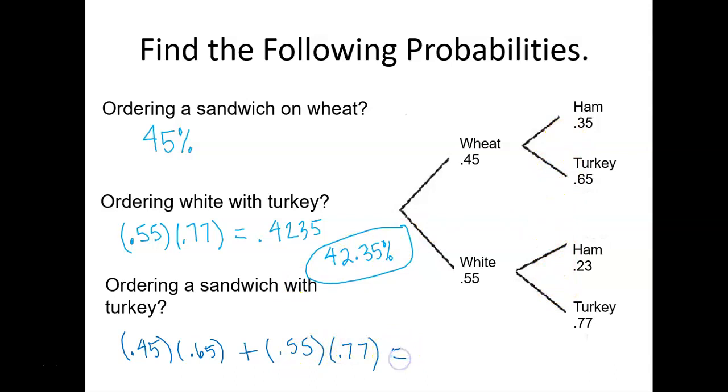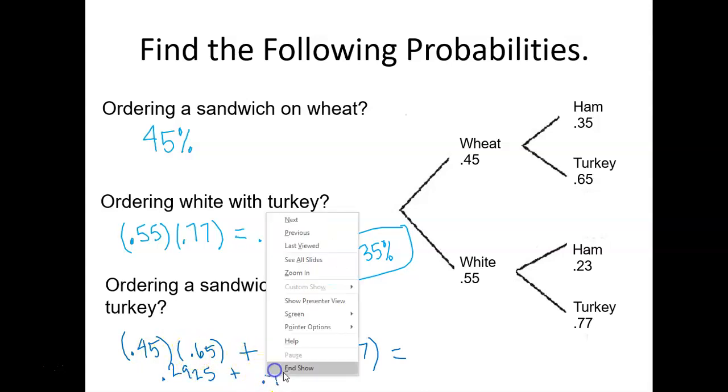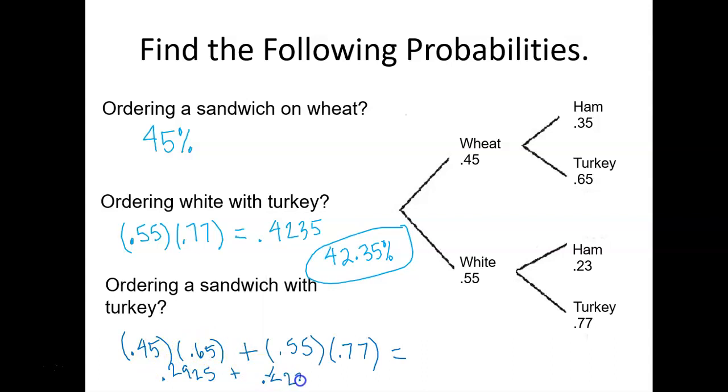Okay, so 0.45 times 0.65 is equal to 0.2925. We're going to add this to 0.55 times 0.77, which is 0.4235. And when I add those together, it gives me 0.716, or 71.6% of people are getting turkey.